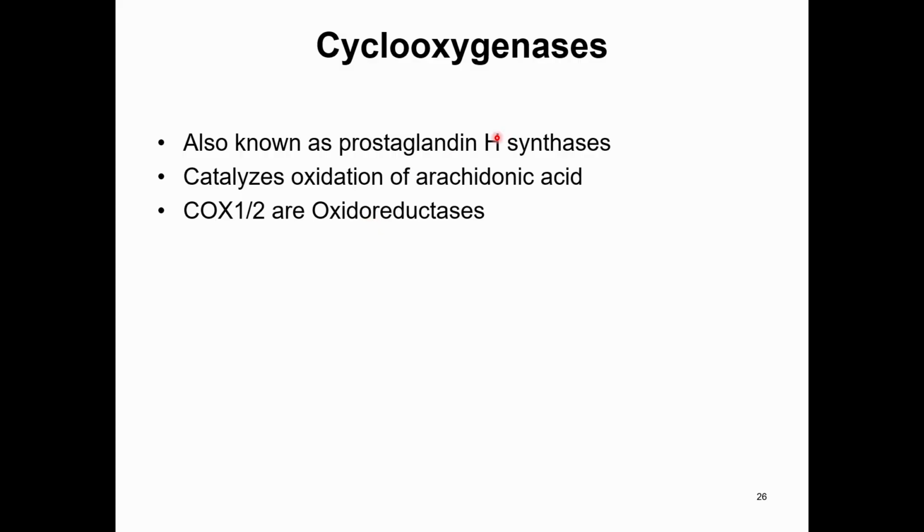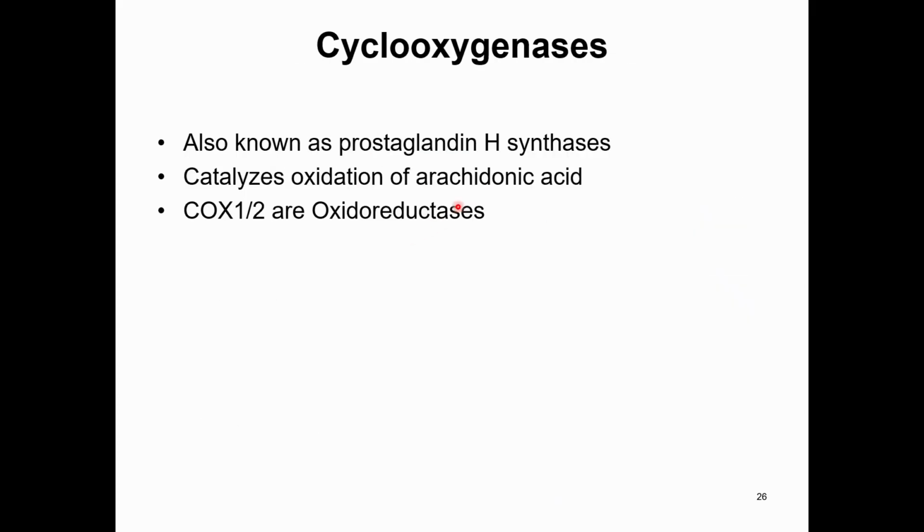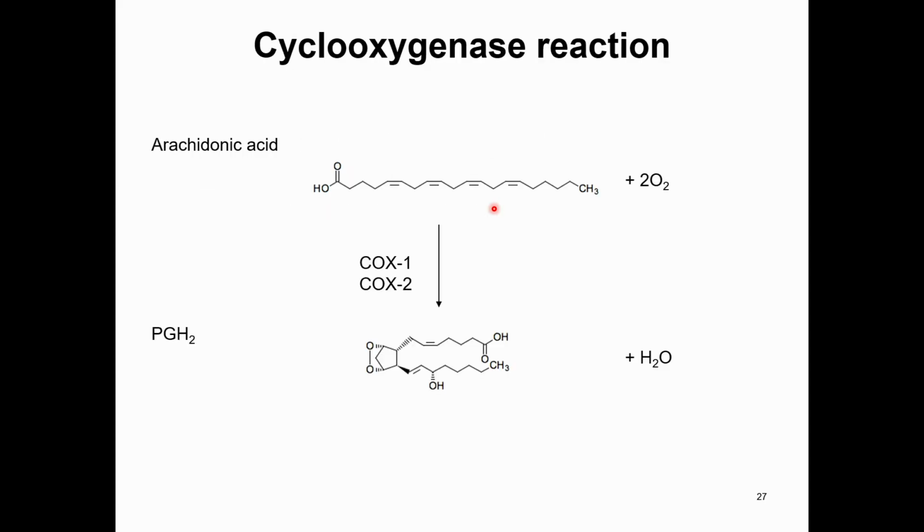But at any rate, these are cyclooxygenase enzymes, COX-1 and COX-2, and they catalyze the oxidation of arachidonic acid. They also happen to be oxidoreductases. But here is the real reaction: arachidonic acid, eventually using COX-1 and COX-2, leading to PGH2, I think that's prostaglandin H2, kind of simplified.